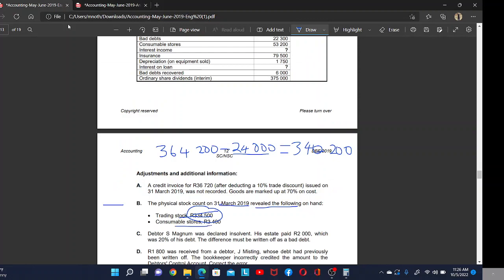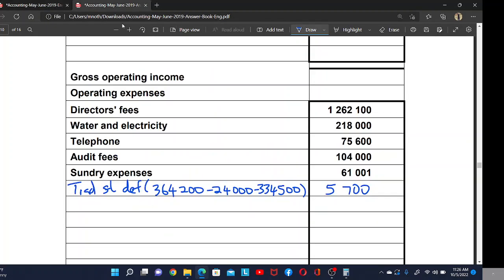With the consumable stores, how much is the consumable stores net trade balance? It is 53,200.